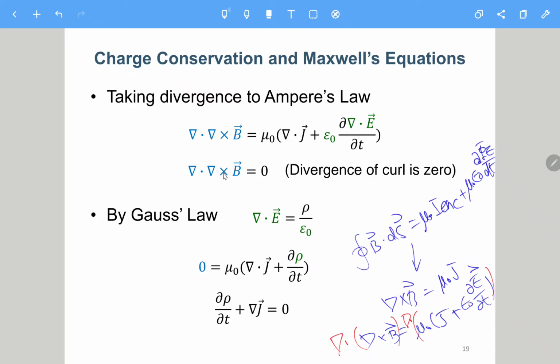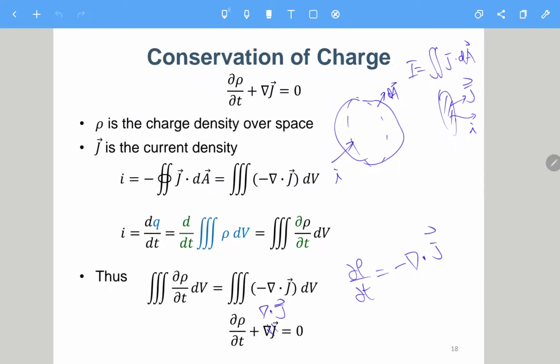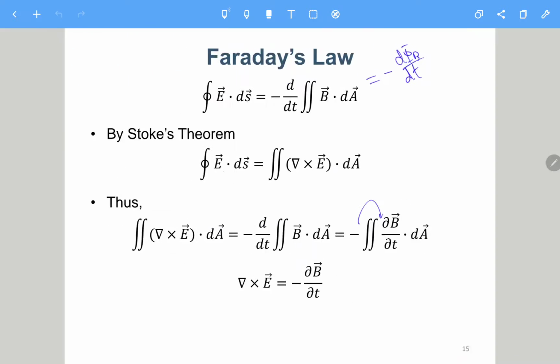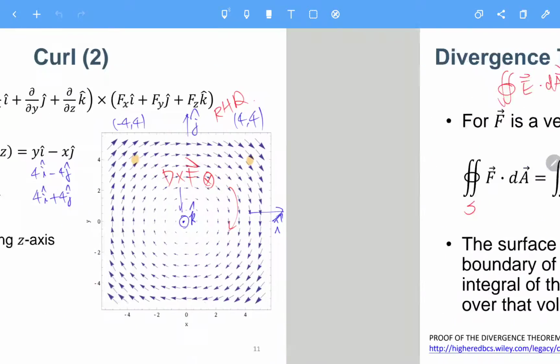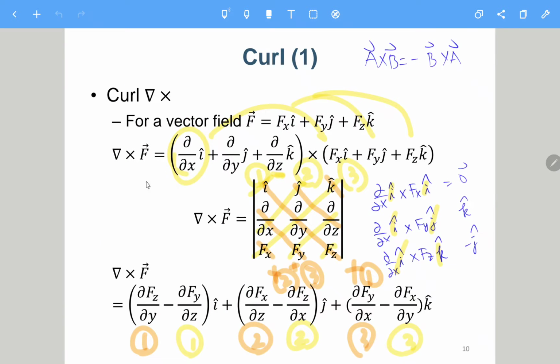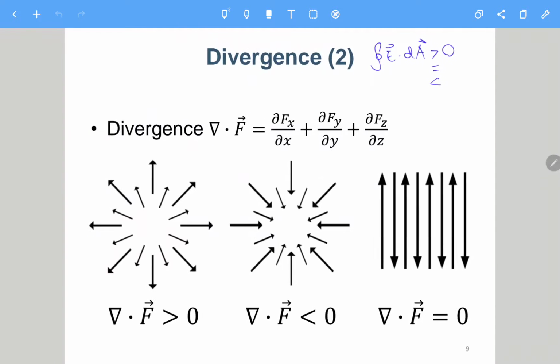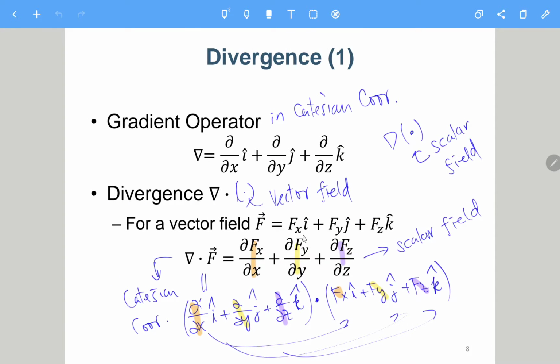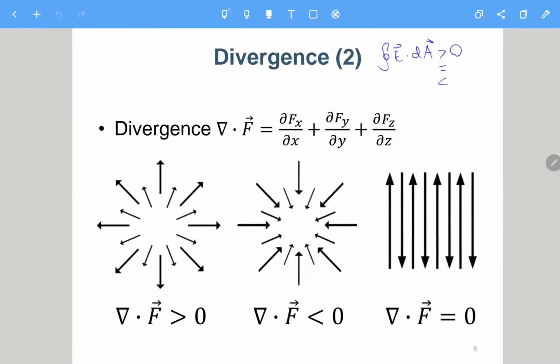You can try to verify it in Cartesian coordinates. If you don't believe it, you can just use the original definition. This is the curl of F, and then you take the divergence. The divergence is like taking the x component and the partial derivative with respect to x, plus the y and the z.